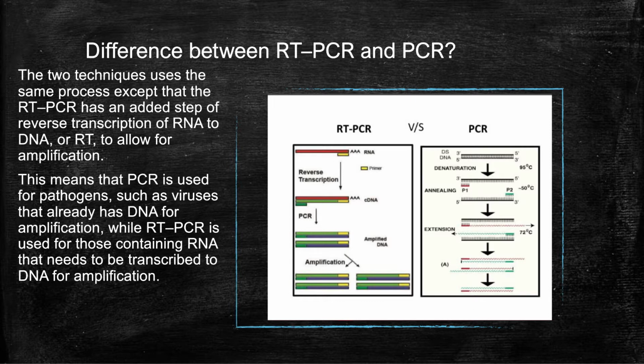This means that PCR is used for pathogens such as viruses and bacteria that already have DNA for amplification, while RT-PCR is used for those containing RNA that needs to be transcribed to DNA for amplification. So that's the main difference between RT-PCR and PCR.